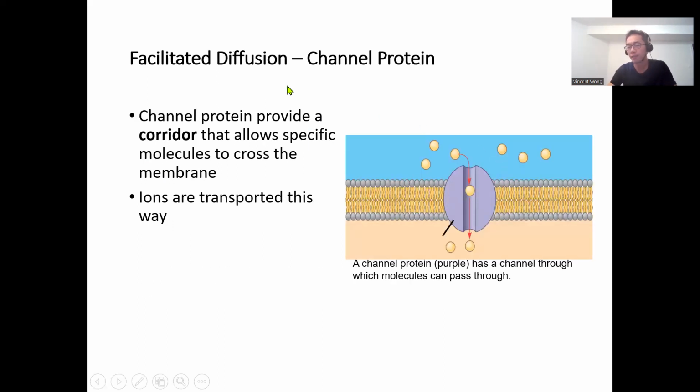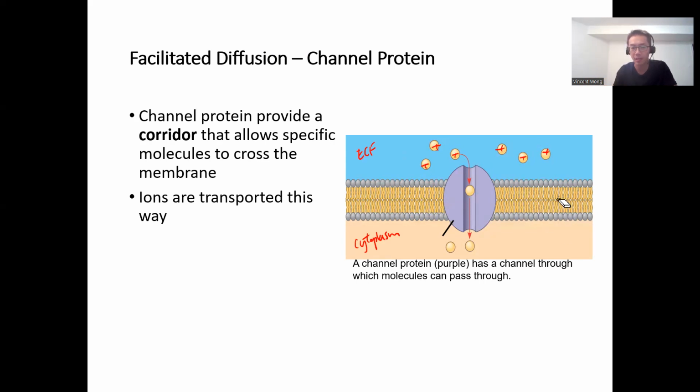Two types of facilitated diffusion. The first one is called channel protein. In this case, the protein is an integral protein. This is the outside, the ECF, the outside. This is the cytoplasm. These yellow molecules are ions. Ions means they're charged. Let's give them a positive charge. So if they're charged, they cannot cross the phospholipid bilayer.